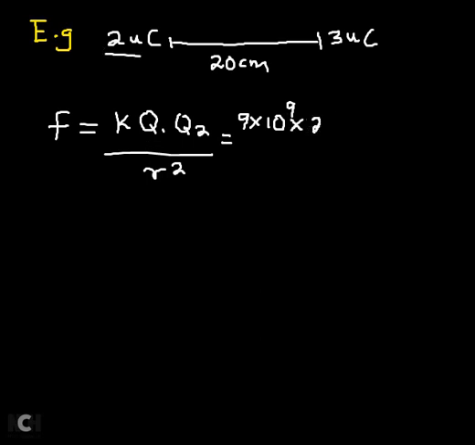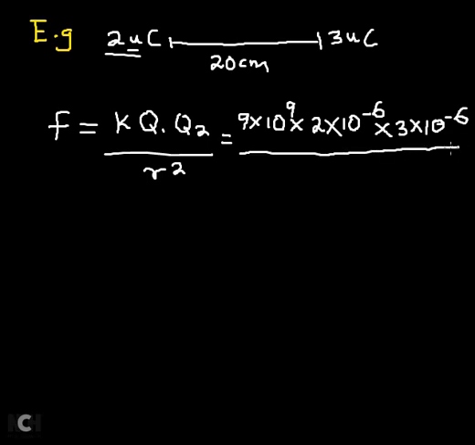Remember, with the word micro, to convert microcoulombs to coulombs, I have to multiply by 10 raised to the power minus 6. So please take note of that. So that's 2 times 10 raised to the power minus 6. The same thing for 3 microcoulombs: 3 times 10 raised to the power of minus 6.